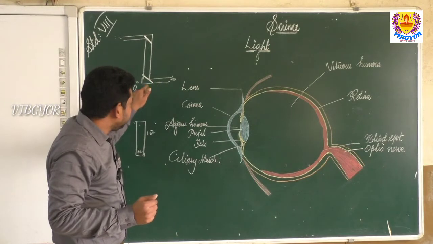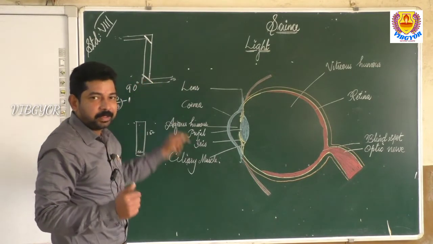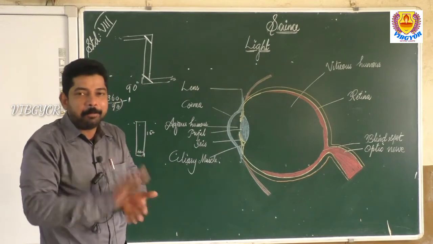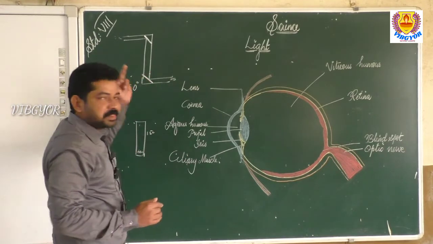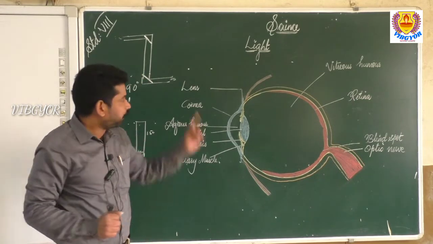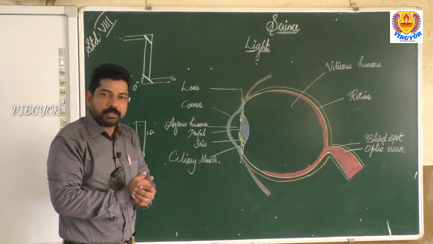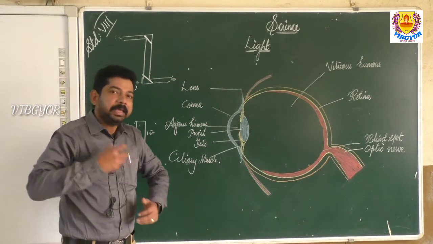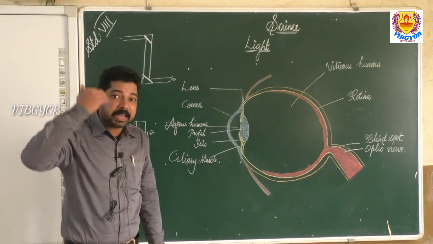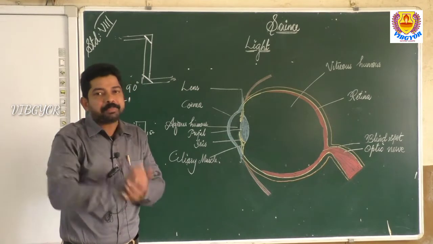So when the image is formed here, what happens? Again the left side will become right and the right side will become left. That means we will get the same image as that of this object. That image we will see through these eyes. So in this way we will get the image of objects which are above or below our eyesight.